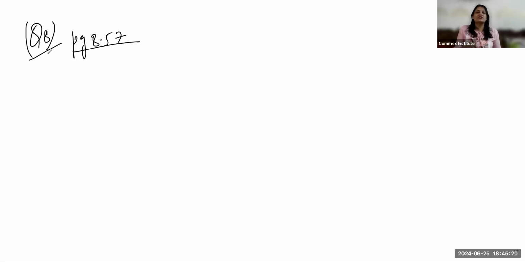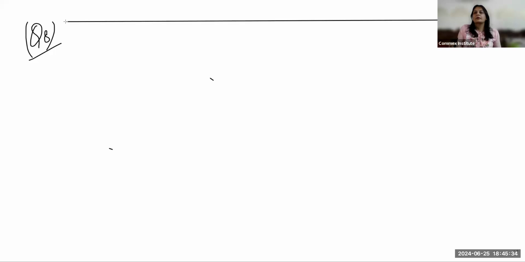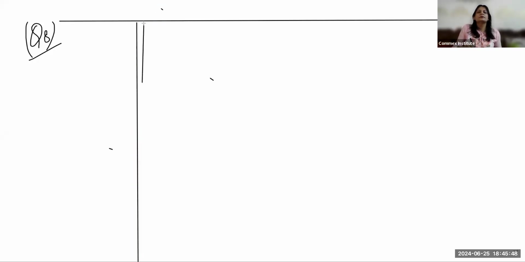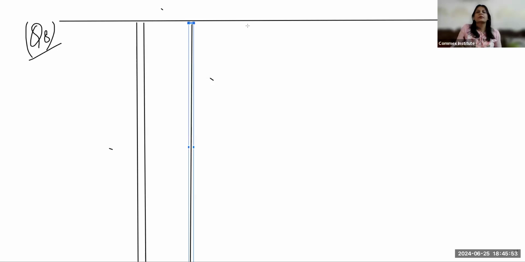Question number 8, draw the format of the journal quickly. So we have the journal format. In the bookshop, first line we write in the bookshop. Now the name is not given, so we're just going to write it that way. So here is my particulars column, a small ledger folio column, which we actually don't use, and then 2 columns for debit and credit. Then this is the right-hand side of the page. Again, I'm drawing the date column.